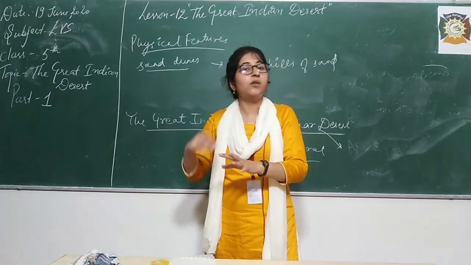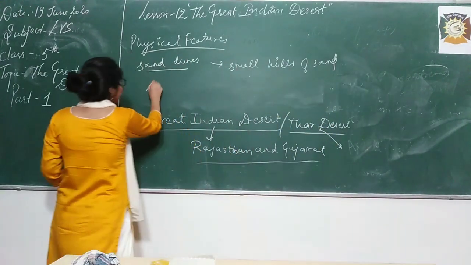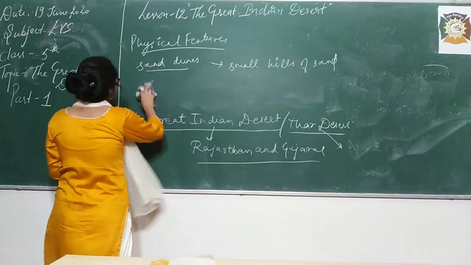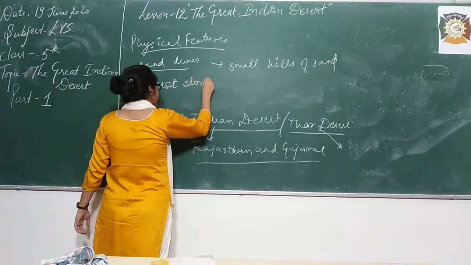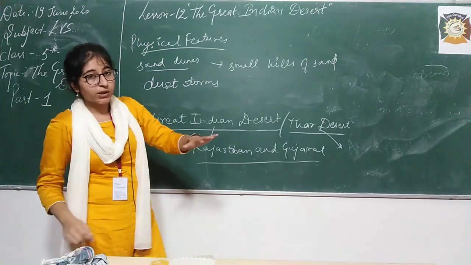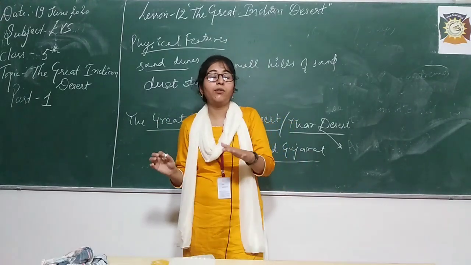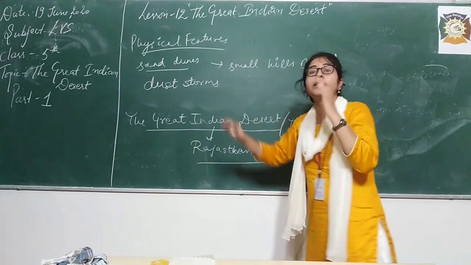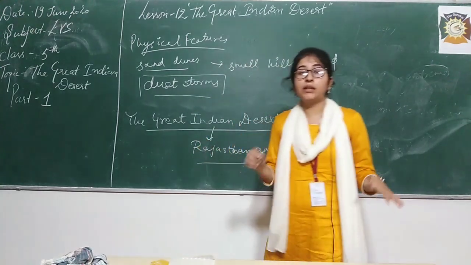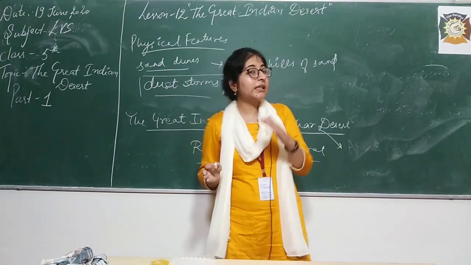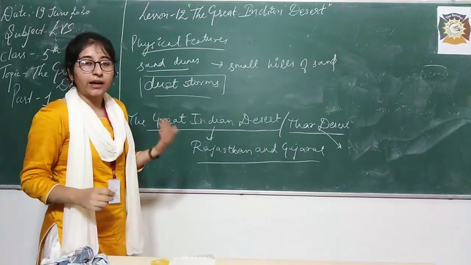Now sand, when it is mixed with the wind, is converted into dust. When the wind is very high, having very high speed, it takes away sand with it and it is converted into a dust storm, right? Now students, what do these dust storms do? These dust storms take away the sand dunes with them.